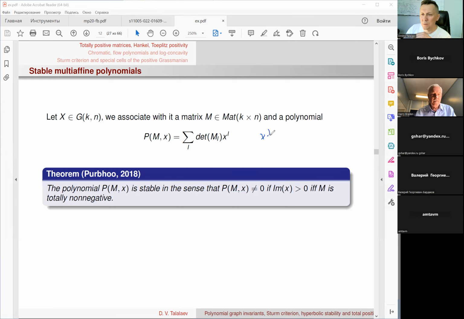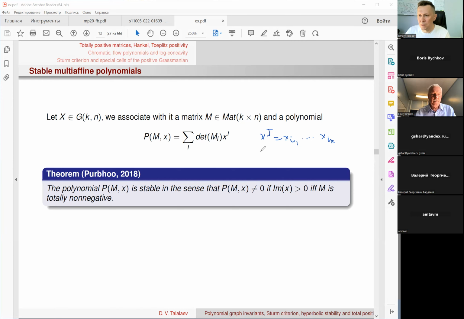So it's a homogeneous multi-linear polynomial in n.